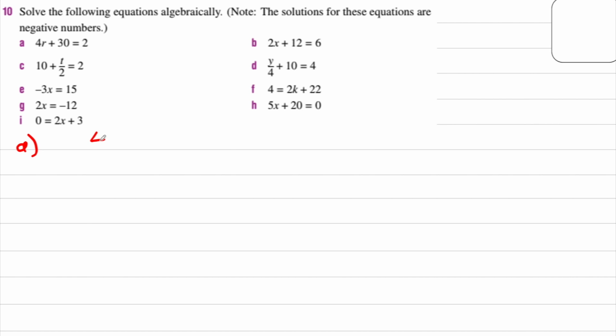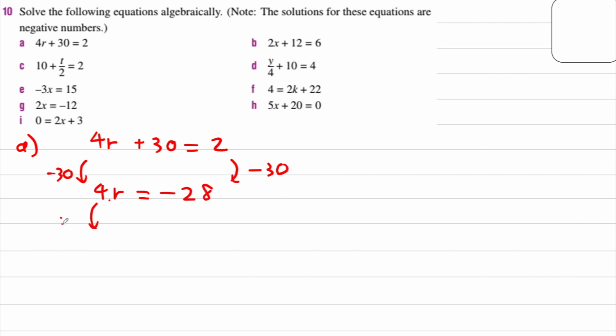Question A. 4r plus 30 equals 2, and minus 13 for left and minus 13 for right. 4r equals minus 28, and after that divide by 4 here. Divide by 4 now. You will get r, and minus 28 divided by 4, you got minus 7. Question A we done.